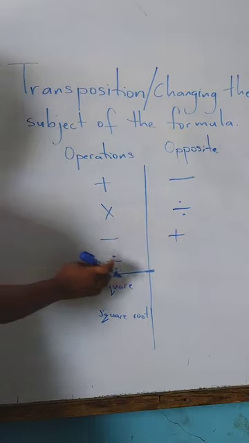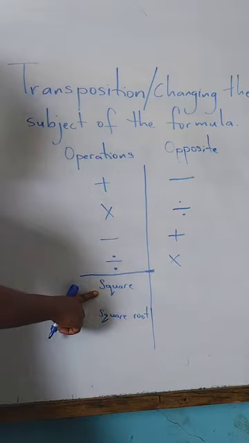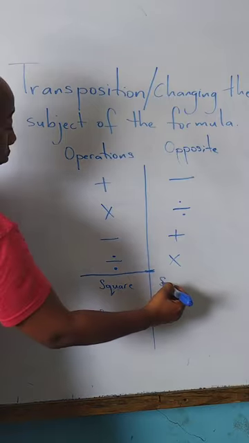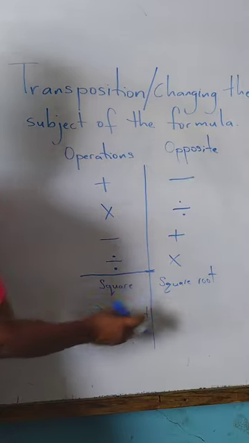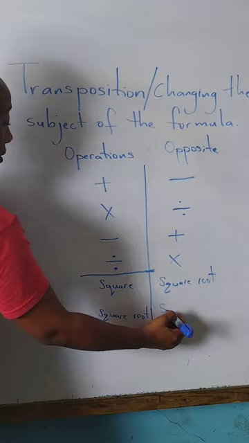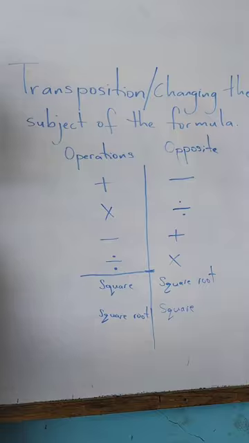If you have division, the opposite is multiplication. The opposite of square is square root, and the opposite of square root is square. Once you know all this, that is the first step in order for us to transpose.